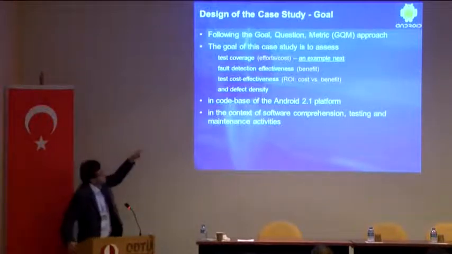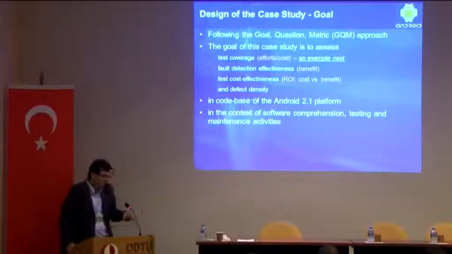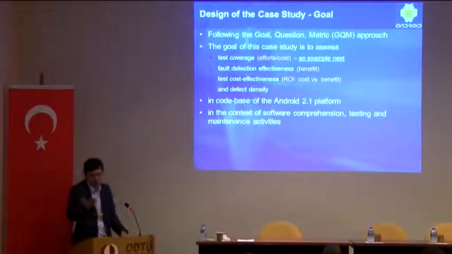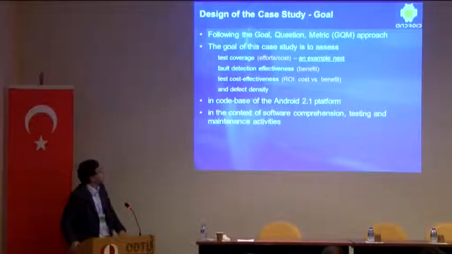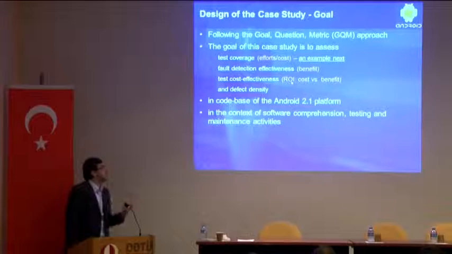Fault detection effectiveness. I want to see, if we write automated tests, how many faults we are detecting? Because the goal of testing is, of course, to find faults or to ensure that there are no faults. And then test cost effectiveness. When you write tests, you're spending effort and cost. And when you find faults, that shows the benefit of testing. Cost effectiveness was the measure for return on investment, ROI.